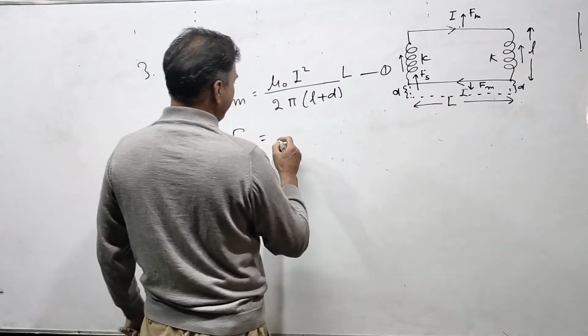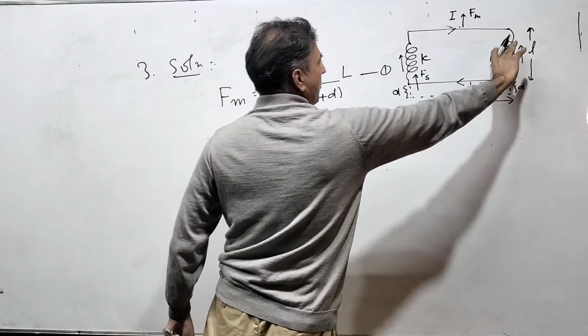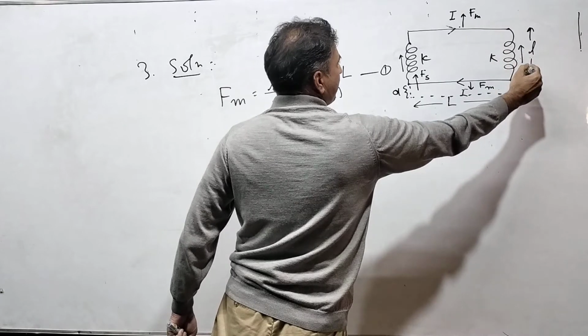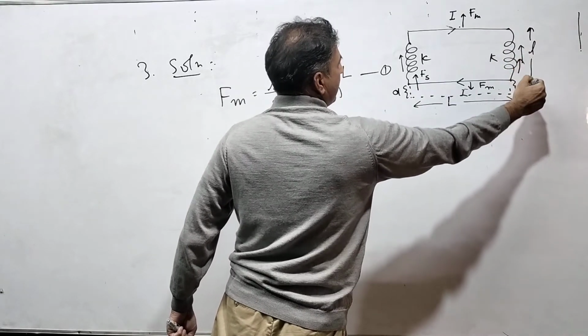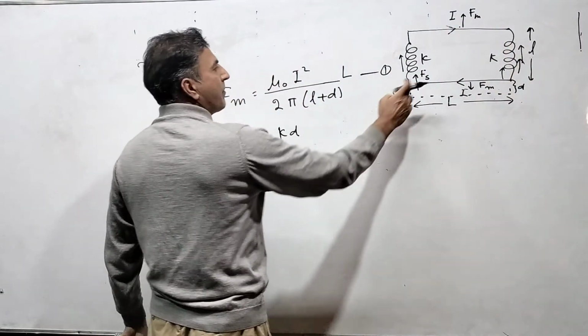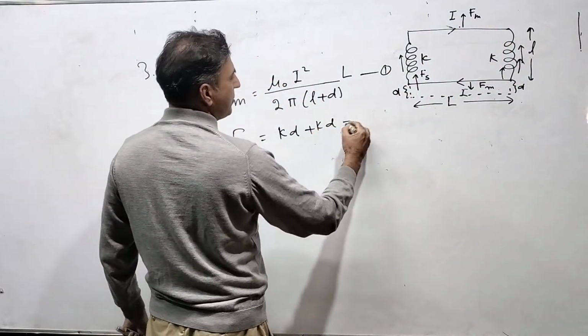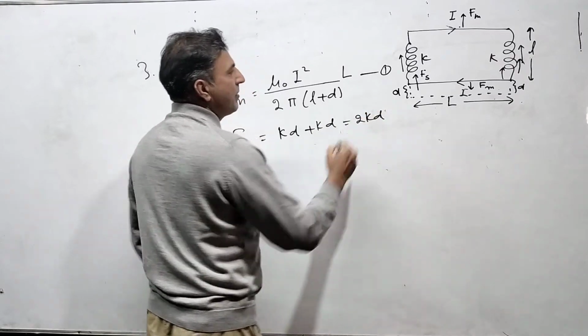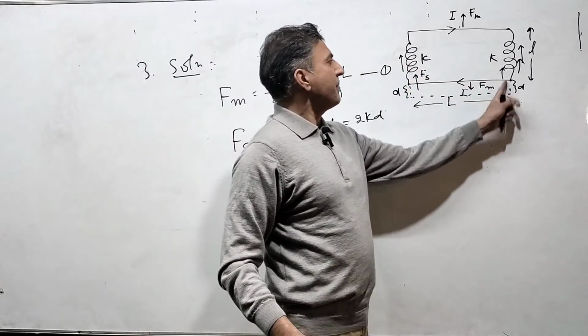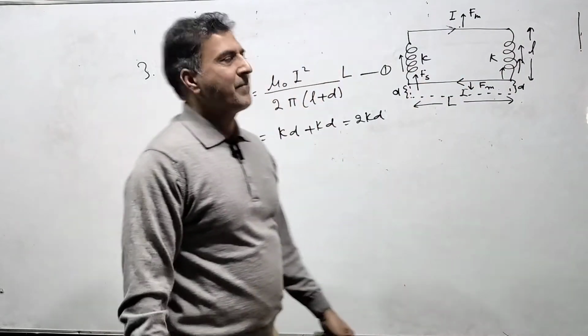It is Kd, the force on this spring upwards, and the force on this spring upwards, plus Kd again. So it is 2 times Kd. This spring will create an upward force, this spring will also create an upward force. Both forces added together give Fs.